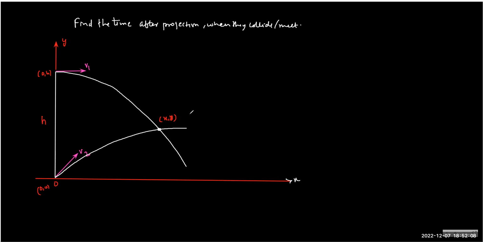Is the angle of projection of the second particle given? No, it's not given. You have to assume it. It's like some sort of variable, because this will happen only for one particular angle. So the angle you can also determine using the condition.